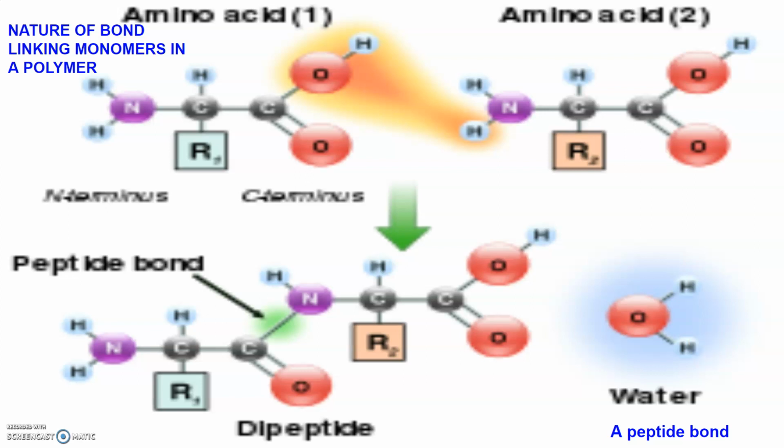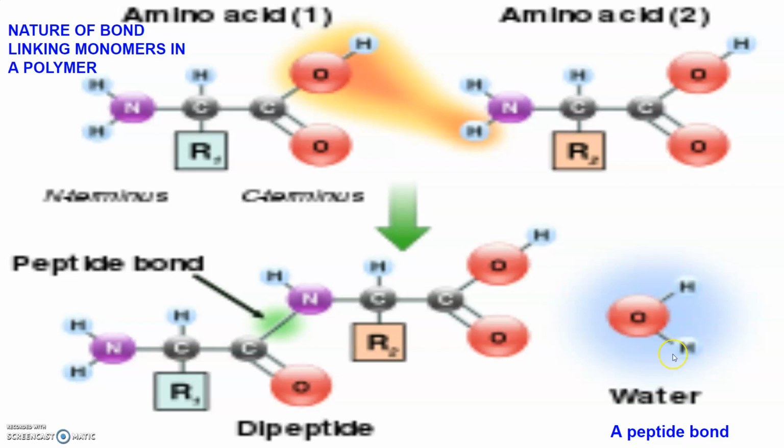In polysaccharides, the individual monomer units are linked by the glycosidic bond, and the bond is also formed by dehydration. Dehydration means removal of a water molecule.